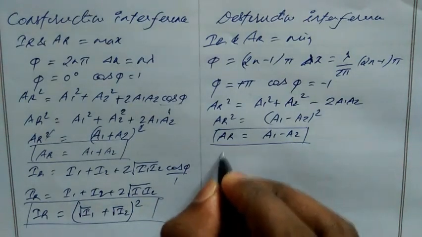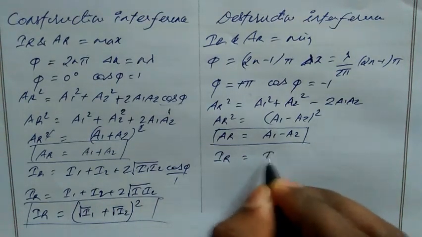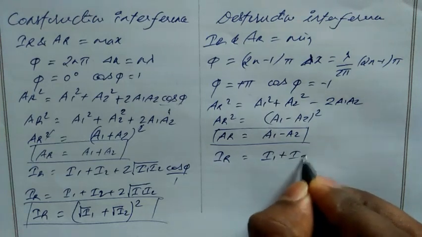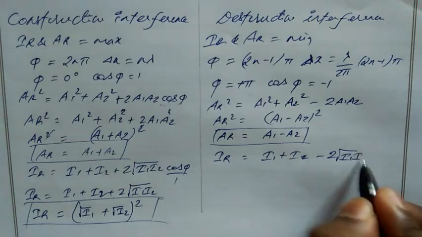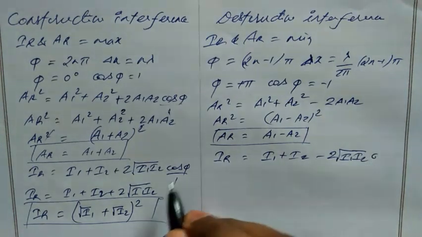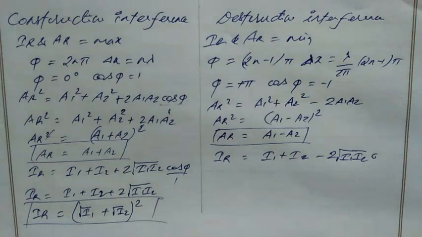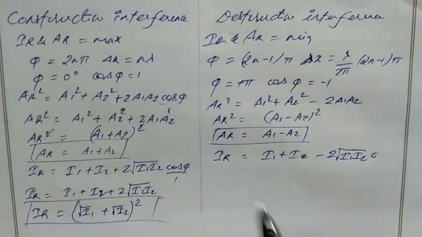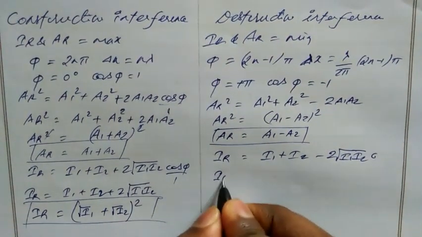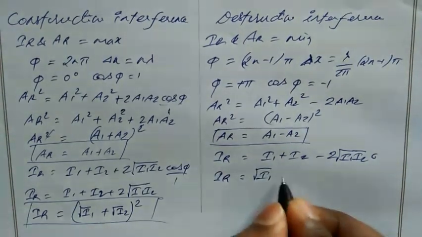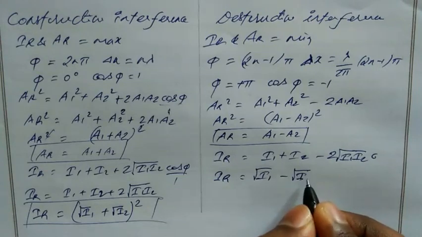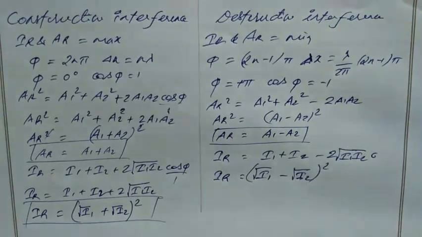Similarly our IR will be I1 plus I2 minus 2 root I1 I2, as cos phi is minus 1 for destructive interference. Then we can write it as IR equal to root I1 minus root I2 whole square, a minus b whole square form. Clear? So this is the conclusion.